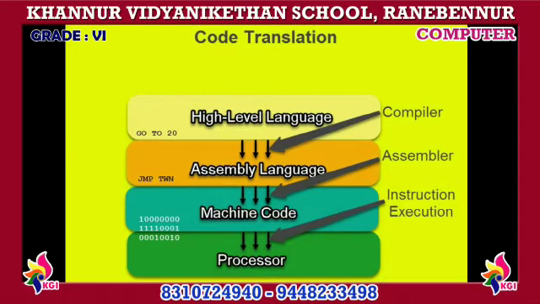So the first one is the compiler. It is software that translates source code into object code as a whole, all at one time. It is faster than an interpreter. It belongs to high level language. The compiler detects syntax errors at the time of compilation. It also helps the programmer to locate the line containing the error.